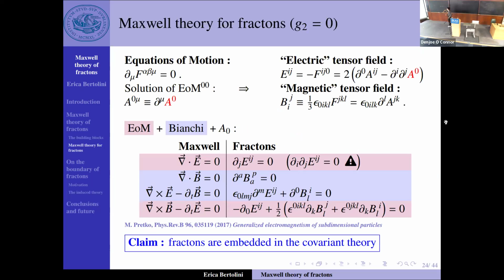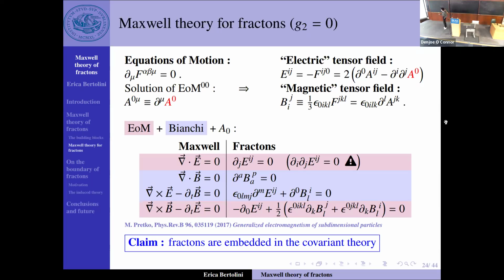So we have a particular solution from the equations of motion, and applying this to the definition of an electric field from the field strength, or looking at it as the canonical momentum, they coincide like in Maxwell. This electric tensor field coincides exactly with the fractonic one in the literature.